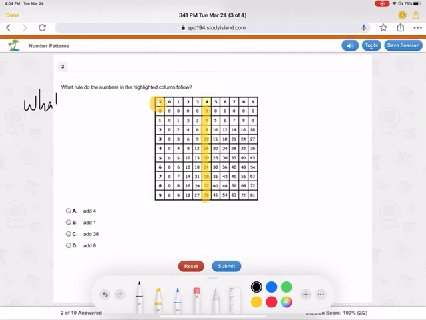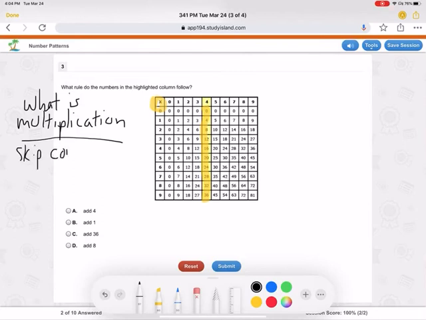Hopefully, if you remember right, multiplication, you could say, of course, skip counting, right? But it's also repeated, what is it? Repeated what? Adding, right?